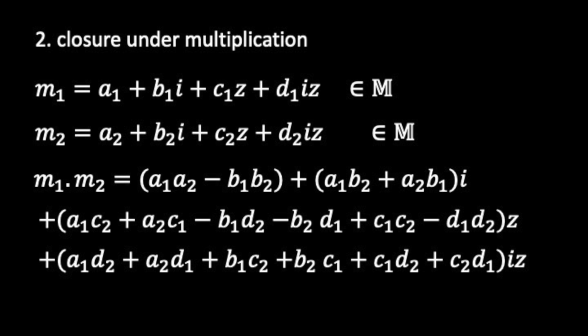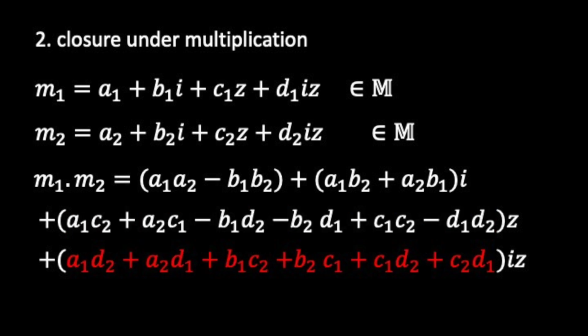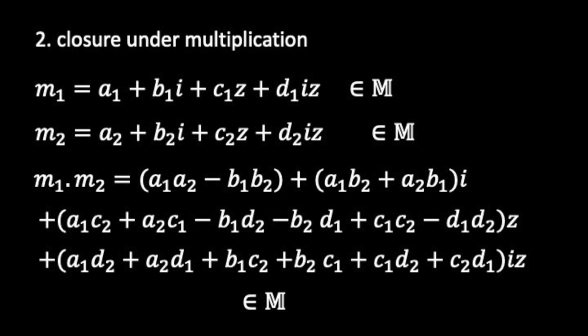Here you can clearly see that the product of M1 and M2 has the form of a metacomplex number, with a real part A1A2 minus B1B2, an imaginary part A1B2 plus A2B1, a zero part A1C2 plus A2C1 minus B1D2 minus B2D1 plus C1C2 minus D1D2, and a meta part A1D2 plus A2D1 plus B1C2 plus B2C1 plus C1D2 plus C2D1. Therefore, the set M is closed under multiplication.